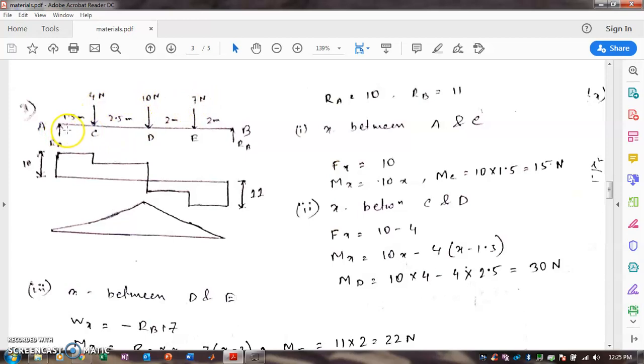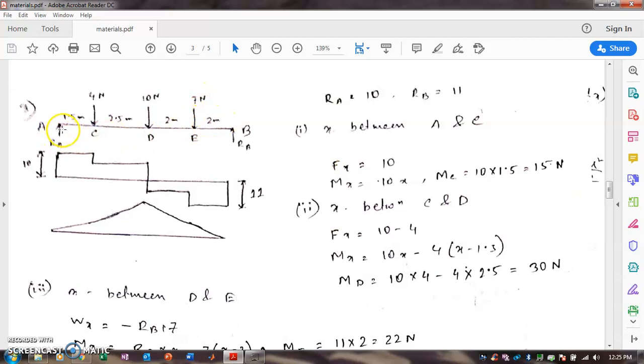Again, from the start, by a similar procedure, we need to find the values of RA and RB by taking moments about A and B. If we take moment about B, what will happen? The only upward force is RA. So RA into 4 equals 4 Newton into the distance 6.5 meter plus 10 Newton into 4 plus 7 Newton into 2.